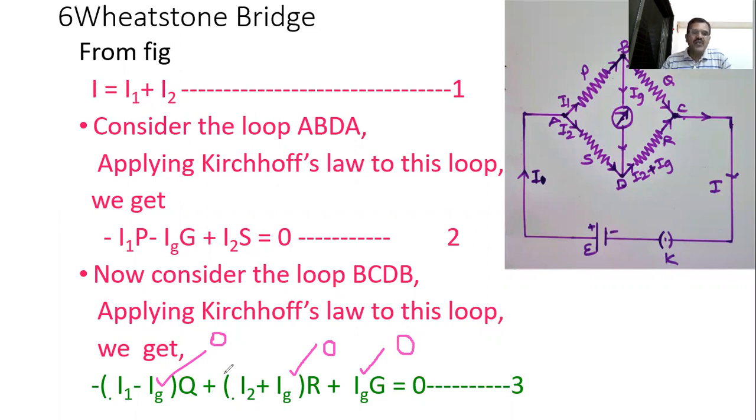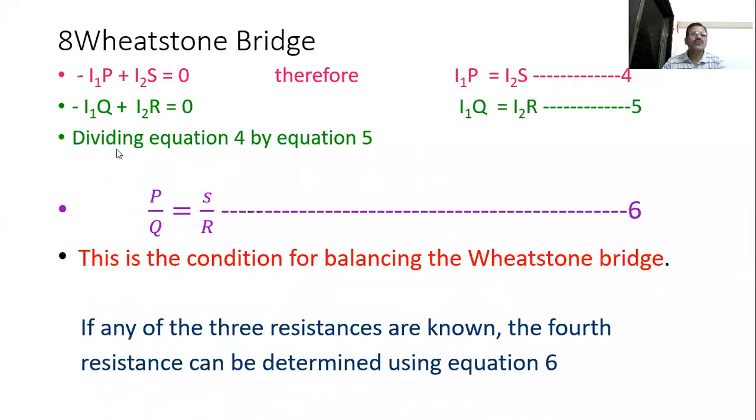The new equation will be minus I1Q plus I2R is equal to 0.